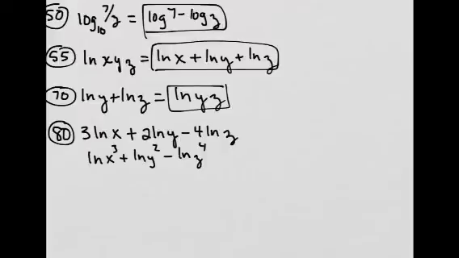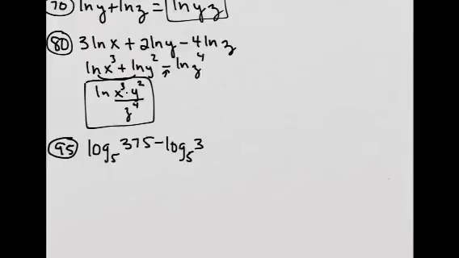And then here I have the sum of two logs. So when I combine this, I get the log of a product. So natural log of x cubed times y squared. And then right after that I have the difference, right here. So that means it's going to be a quotient. So z to the fourth. And so here's the answer right here.